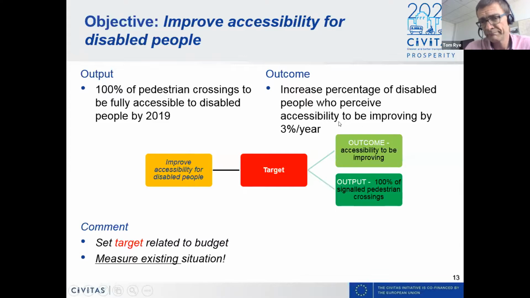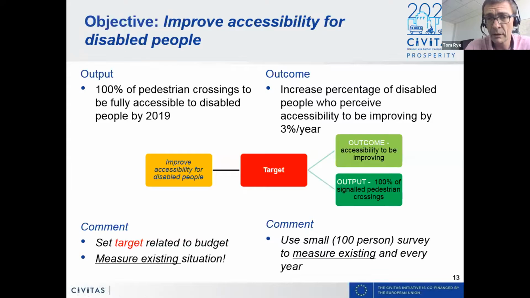And here, this is just a notional, slightly aspirational target that we hope that our efforts in improving the pedestrian crossings will make them feel that the environment is more accessible. How would you actually gather the data for that? Base it on a survey. That's the only way.